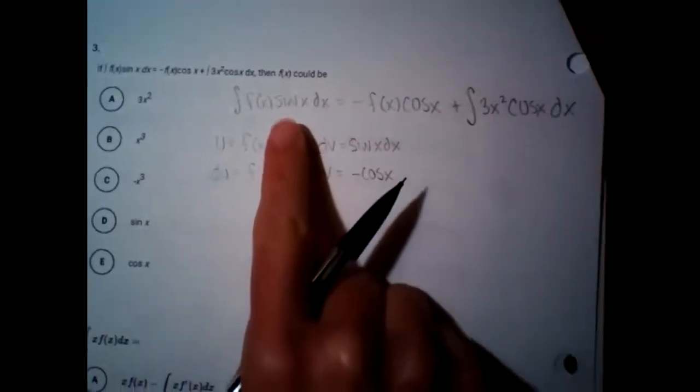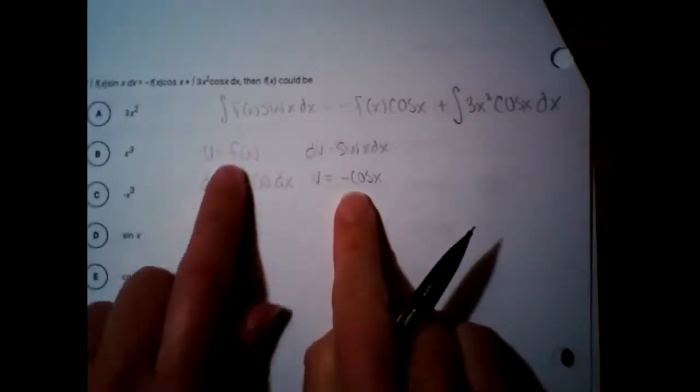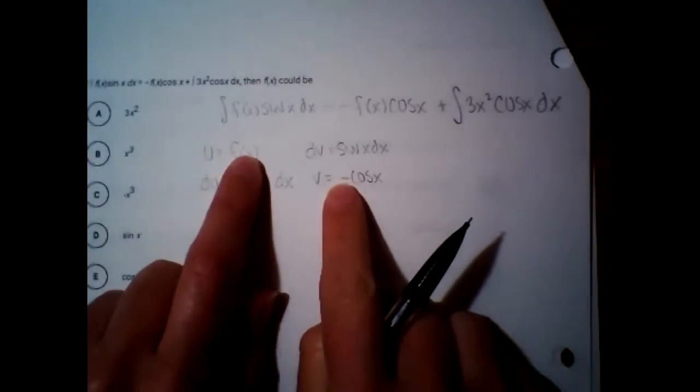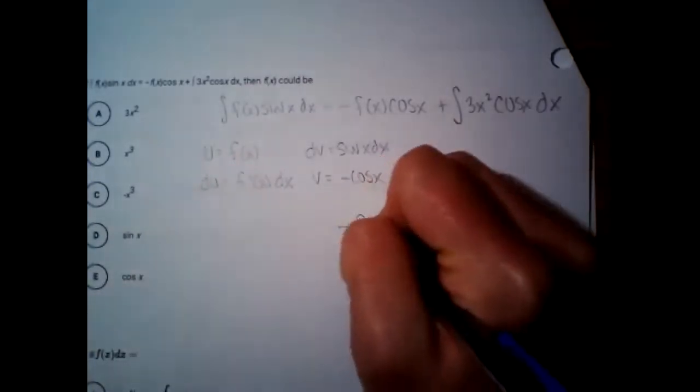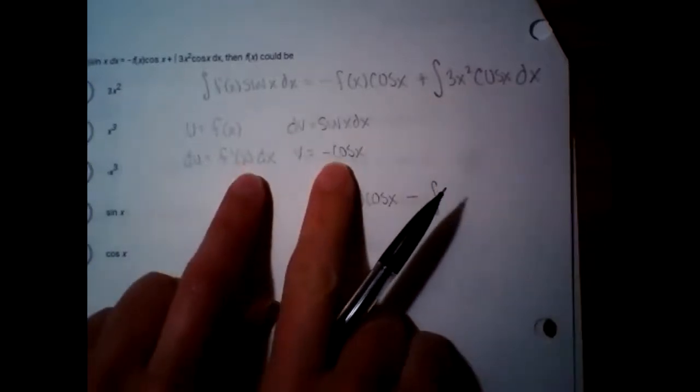So if we go to do this integration by parts, it's going to be u times v, so that'll be negative f of x cosine of x, which is what they have here, so that matches up exactly. And then it would be minus integral of v du.